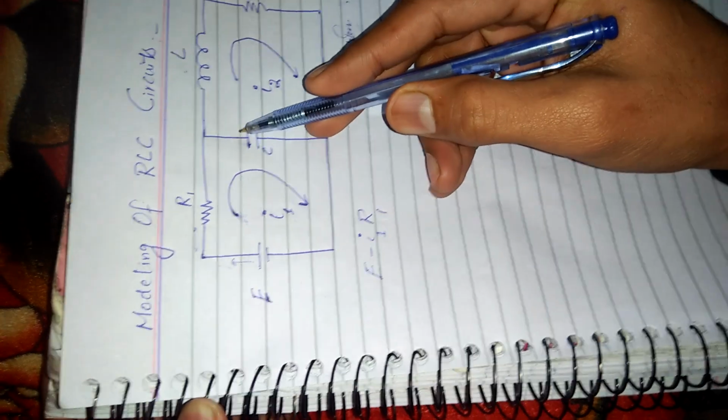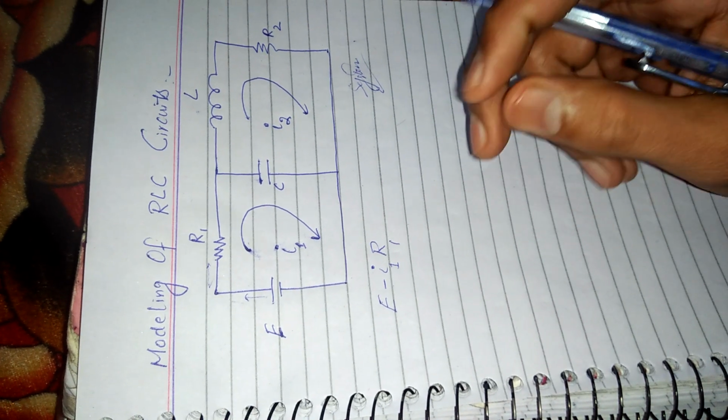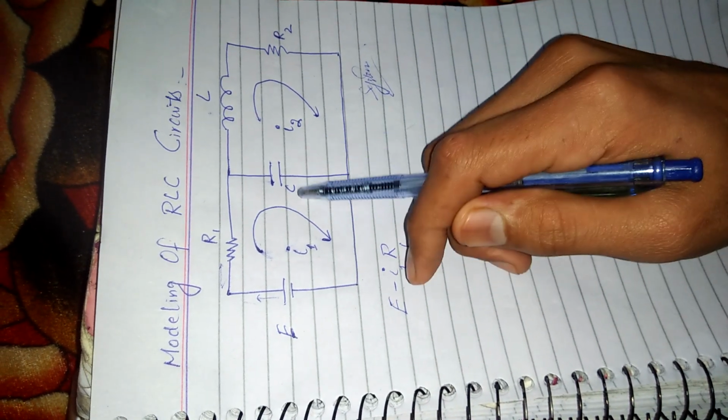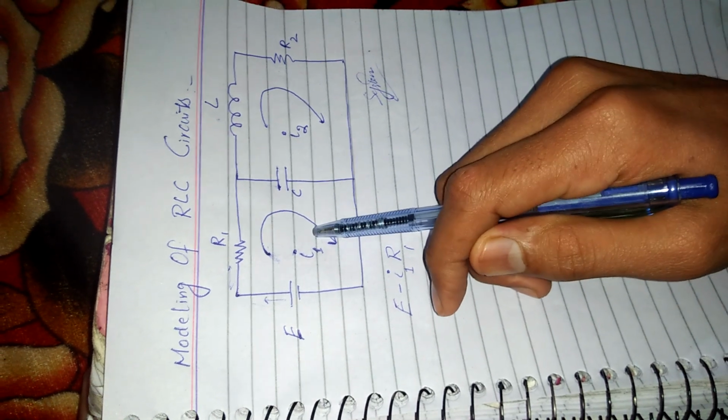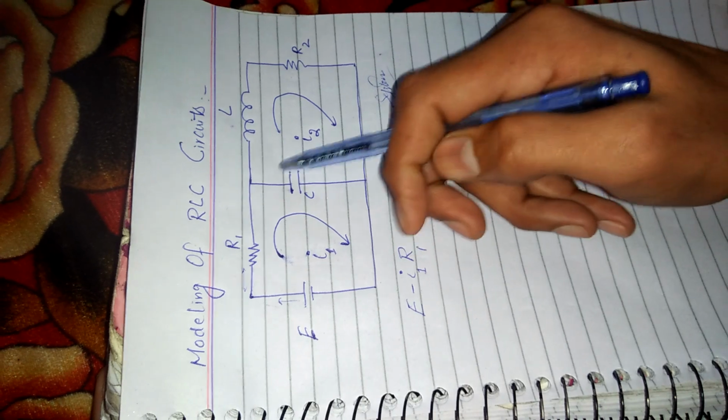Now it is flowing through the capacitor C, and we can observe carefully that the capacitor is shared between the two loops, I1 and I2, and both currents flow through this capacitor.